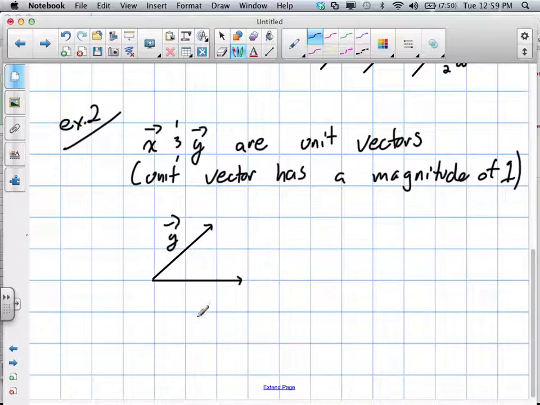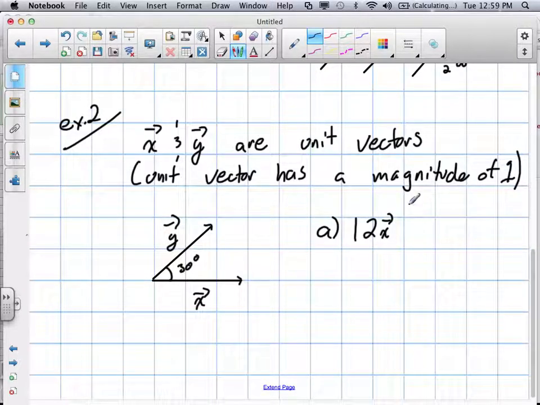Here's our y, x, and they make an angle with each other of 30 degrees. So that's information they've given us in the question. Calculate the value of, okay, so here's our first question. Absolute value of 2x minus y.